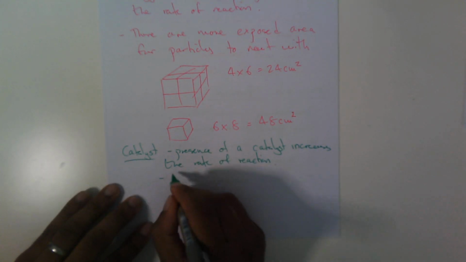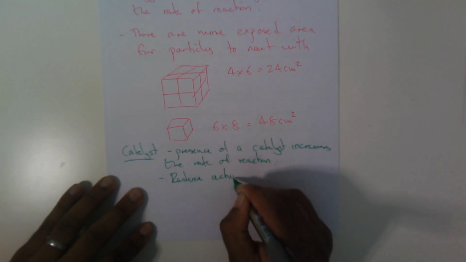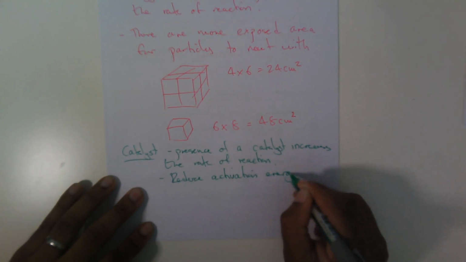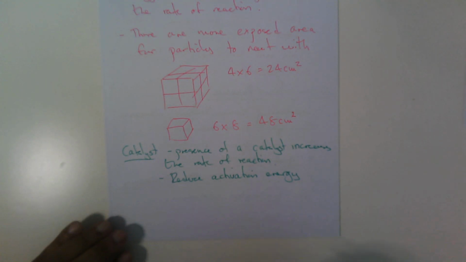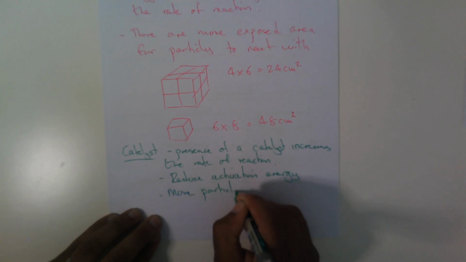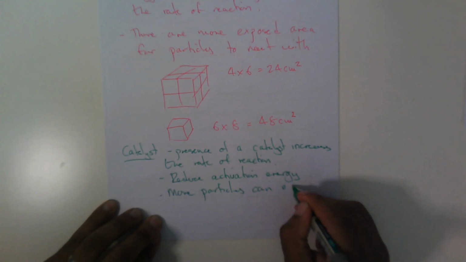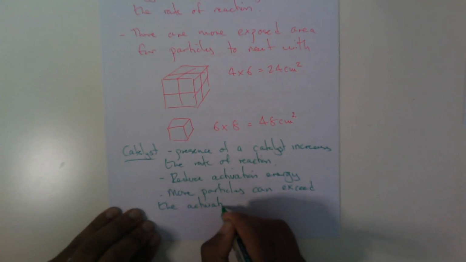Now the way it does it is catalysts reduce activation energy. Now remember, activation energy is the minimum energy needed for a reaction to happen. So what a catalyst does is it reduces it so that you need less energy, which means more particles can exceed the activation energy and cause a reaction.